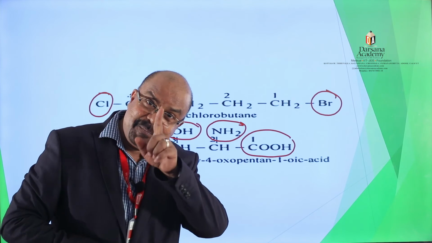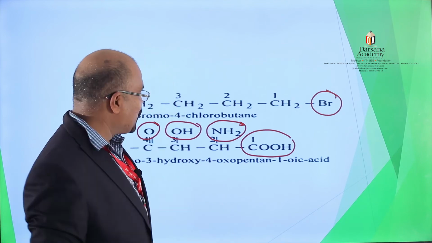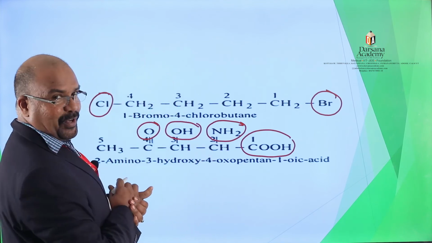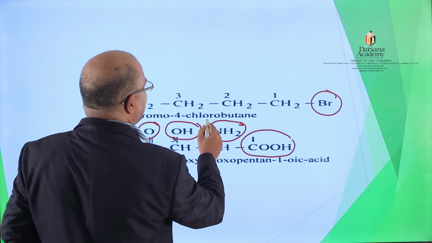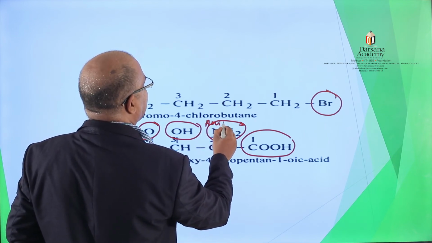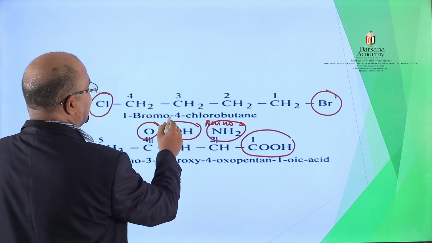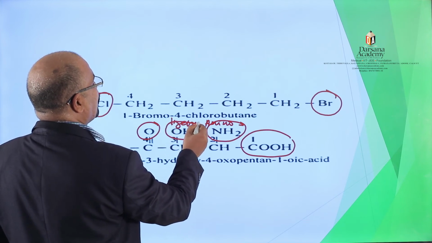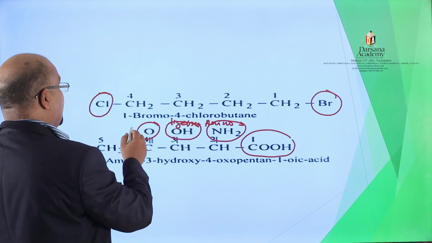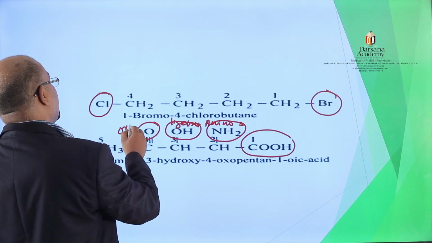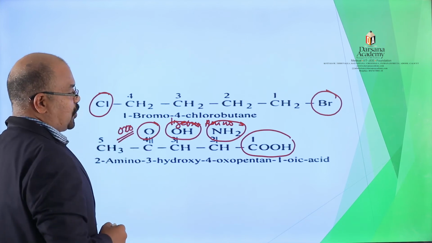So this will become the principal functional group. Others will become substituents. So here is amino, the prefix when amine becomes a substituent. Then this will also be hydroxy. When ketone becomes a substituent or prefix, it is oxo or keto.